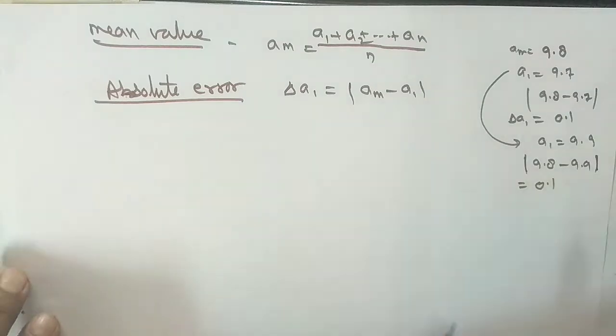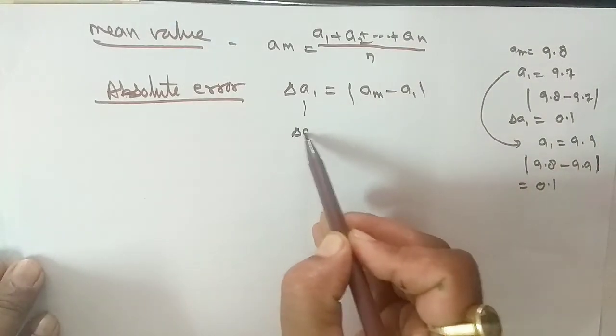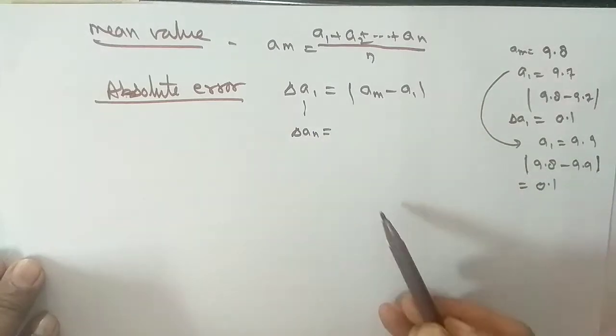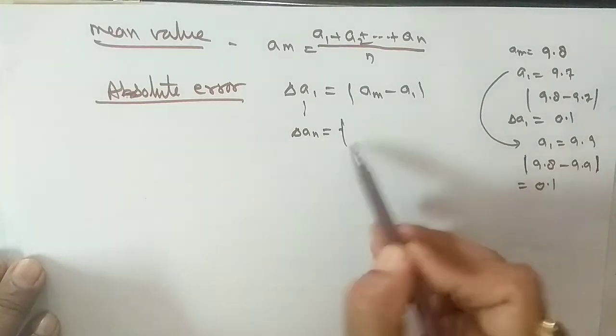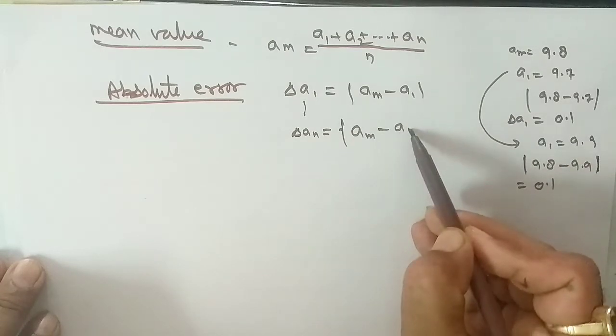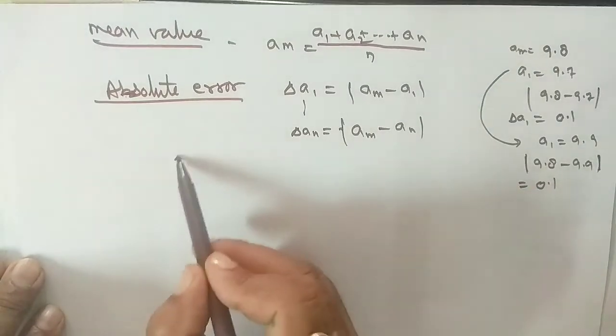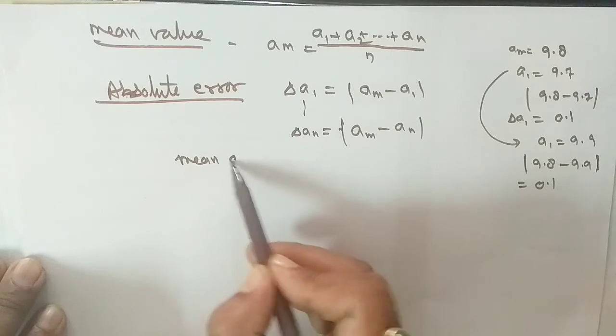So this is the absolute error. For the nth reading, absolute error is equal to the mod of the mean value minus the nth observation reading.